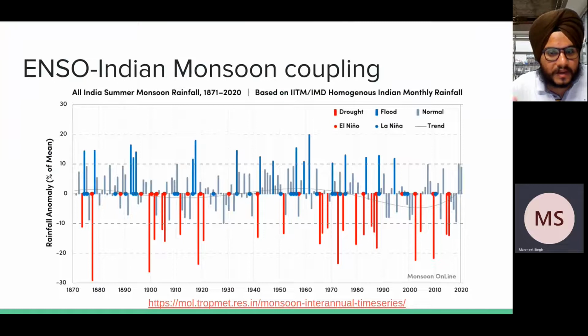It has a predictability, and people have suggested various theories on whether it is breaking down or what is happening to it. So we are talking about the role of volcanic aerosols, and how they can enhance the ENSO and Indian monsoon coupling. The idea is that if we have a strong volcanic eruption, there is a high chance of El Nino drought coupling and La Nina flood coupling, leading to implications for the predictability of the Indian monsoon system.